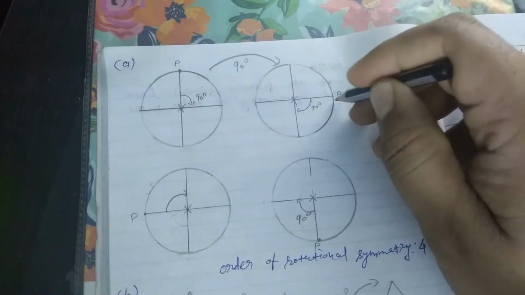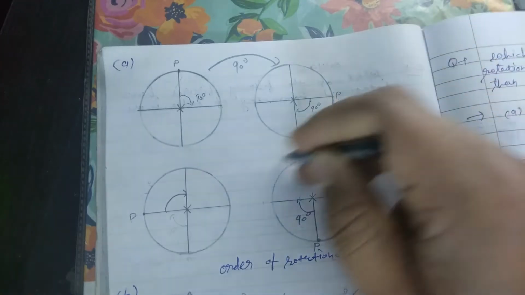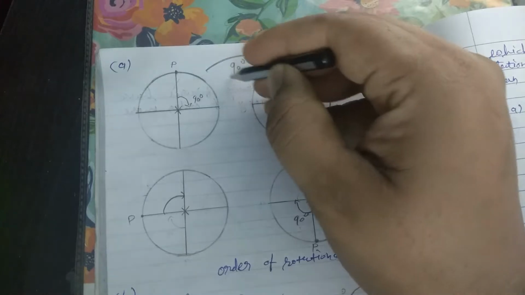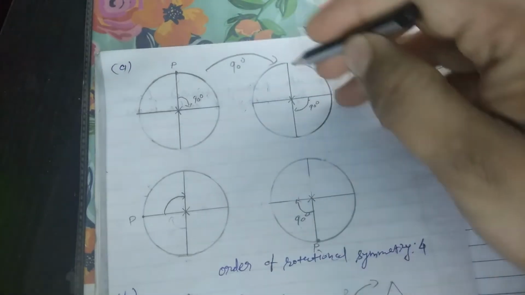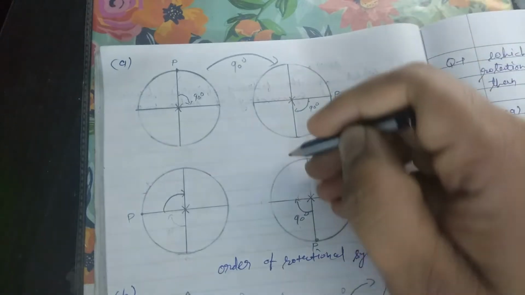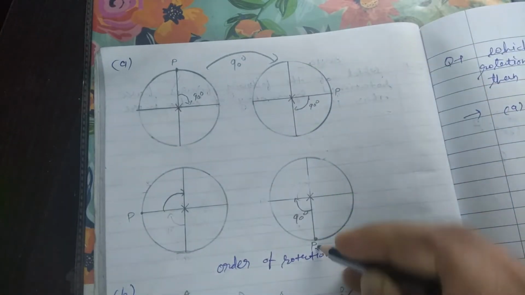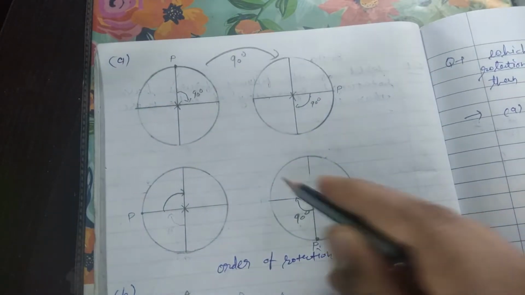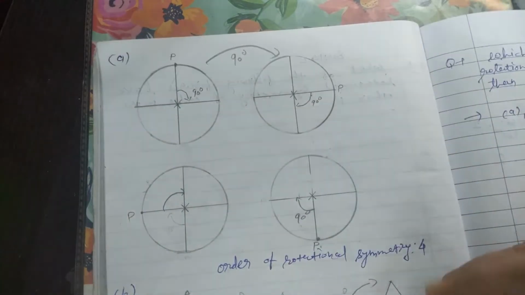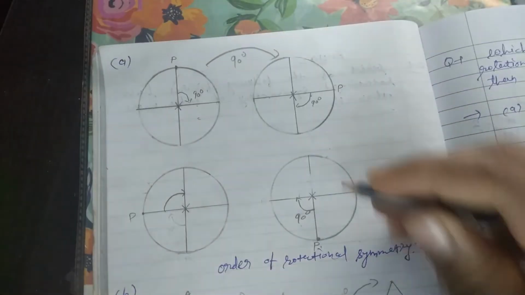Now from here we will rotate the figure by a 90-degree angle. Once you get the angle of rotation, that same angle we have to use. So here again with 90-degree rotation we get point P here, and therefore here also we are getting the same figure as the original.